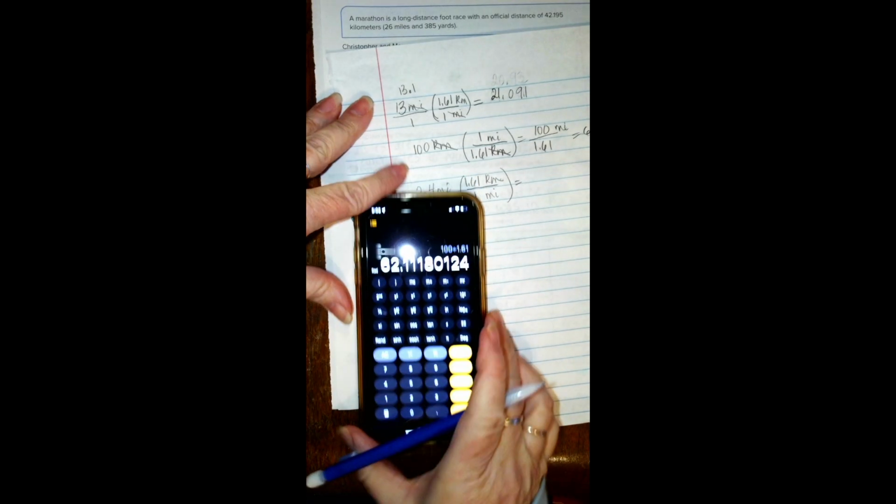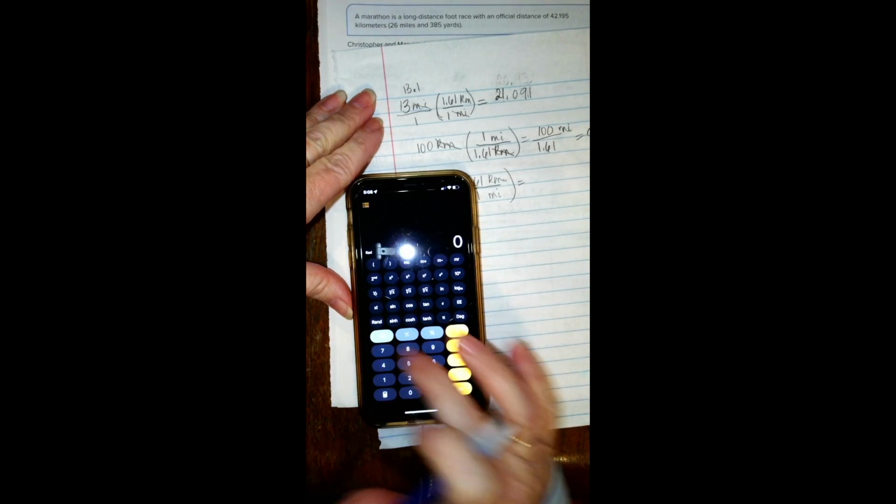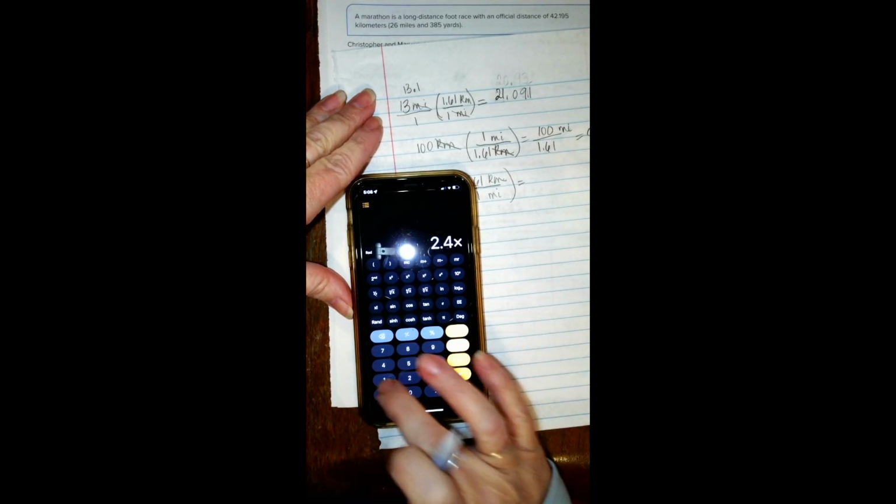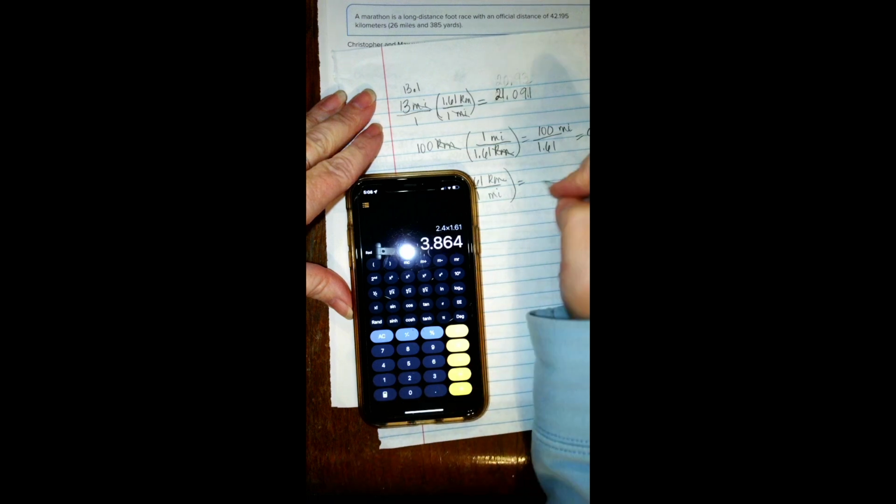So we have 2.4 times 1.61, and we get 3.864. Which seems right. 3.1 miles is 5 kilometers, so this is a little bit less. It makes sense that this is less.